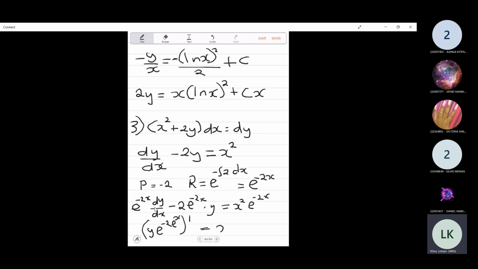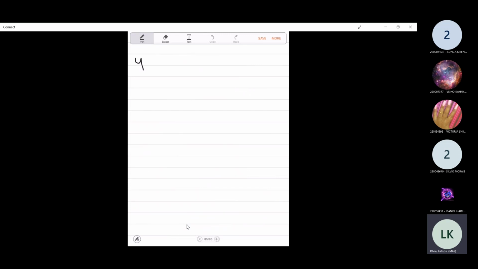This is x squared e to the power of minus 2x. So here we have the derivative. To get rid of the derivative, we integrate on both sides, and then we will end up with y e to the power of minus 2x.